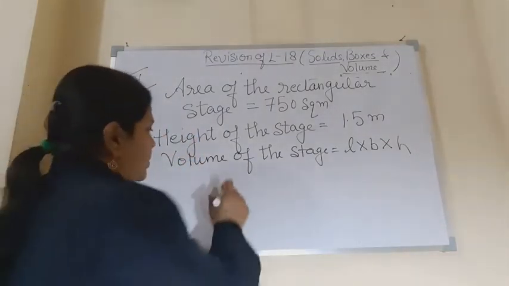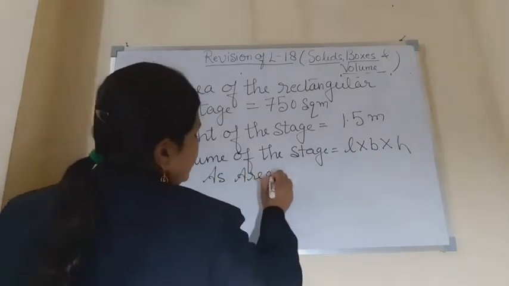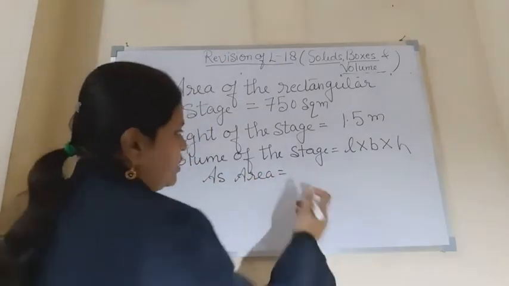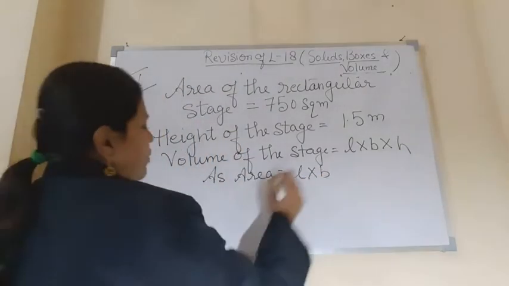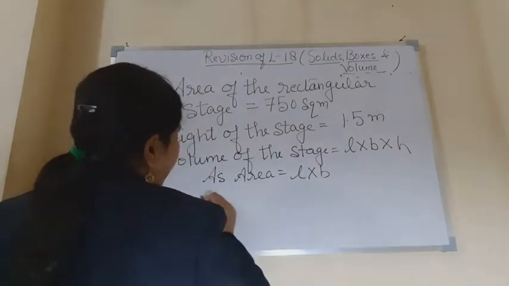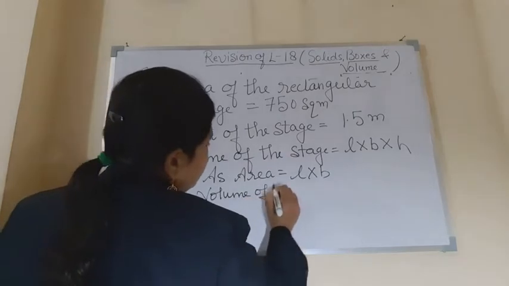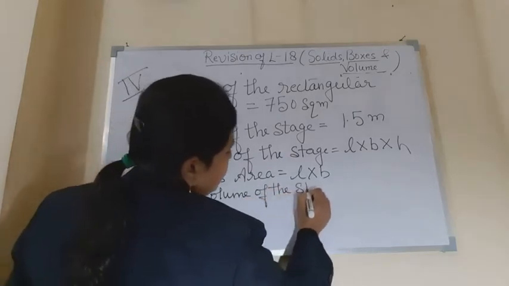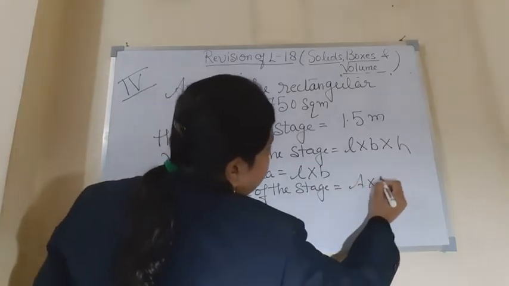What is area? Area of a rectangle is equal to length multiplied by breadth. So instead of length multiplied by breadth, we can write volume of the stage is equal to area multiplied by height.